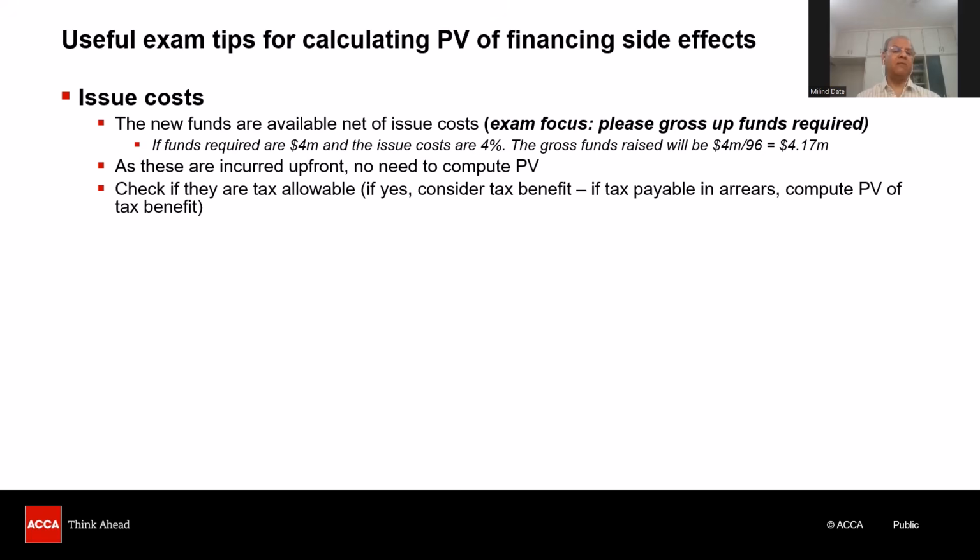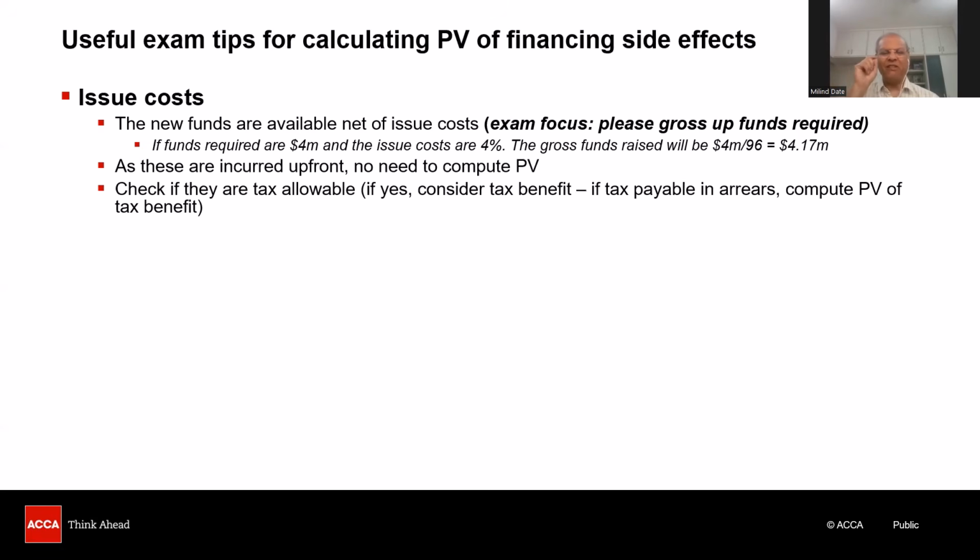When you are contemplating investing into a new project with new funding raised, either it could be full debt or it could be a combination of debt and equity. So the funds that will be available to you will be definitely net of issue costs. And therefore, when you're talking about the issue cost related cash outflow, you need to gross it up.